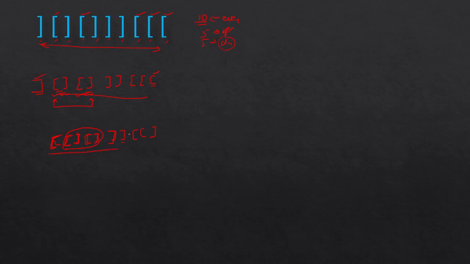Then we have this not balanced, this not balanced, this one balanced. So these portions are balanced, and we have done number of swaps equal to 1. Then we are left with this particular string, and for this one the number of swaps is 1. So the total number of swaps we have to do is 2.